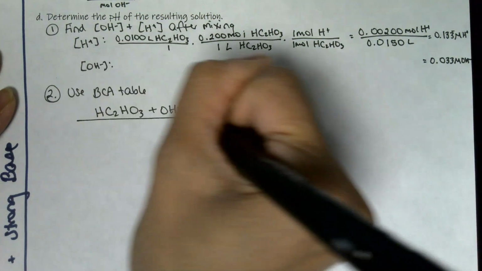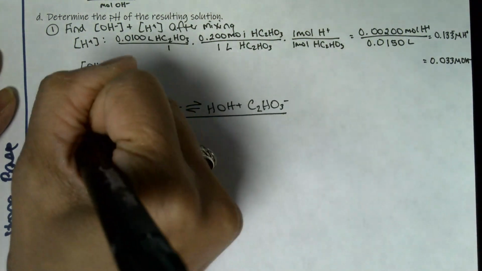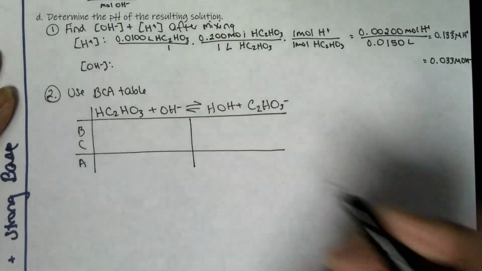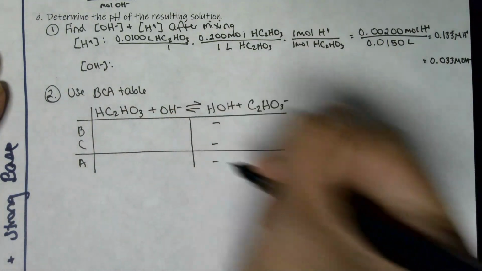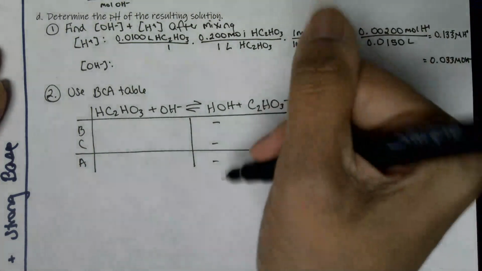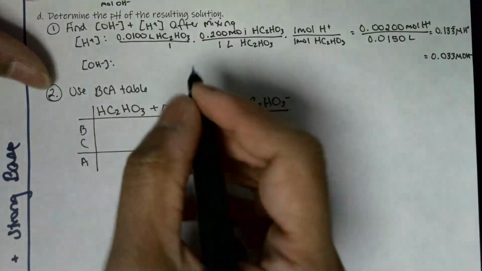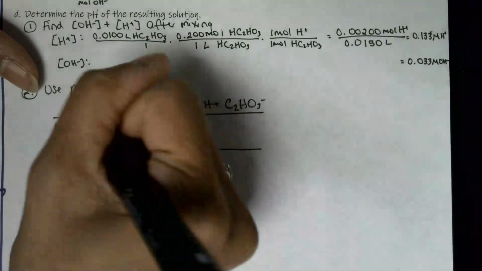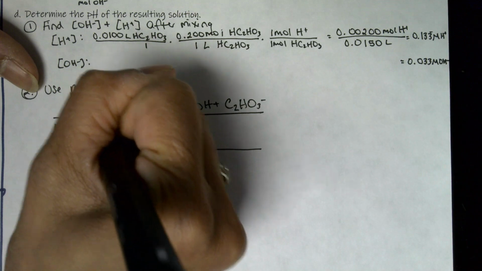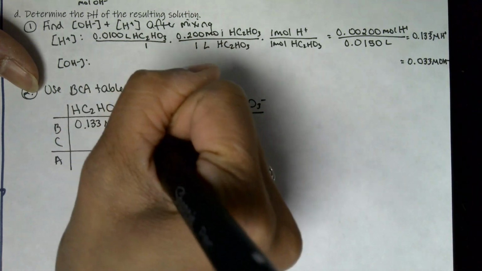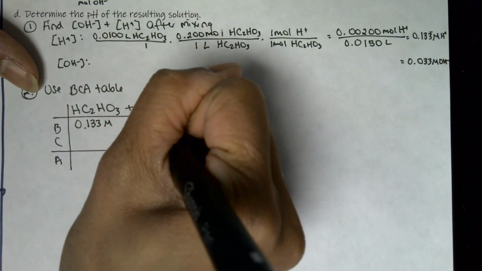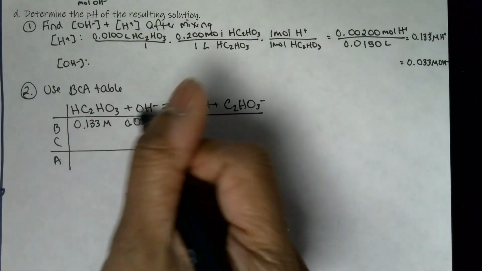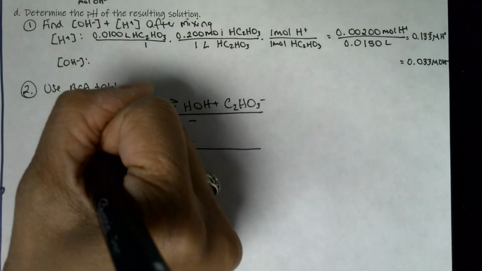BCA: the before, the change, the after. We know water, or anything that's a liquid or solid, is not part of our equilibrium expression. Here we started out with the data I gathered from up here, 0.133 molar, and this is 0.033 molar. We just find out whichever one's limiting. In this case, it's the OH that's limiting. It's a smaller number.